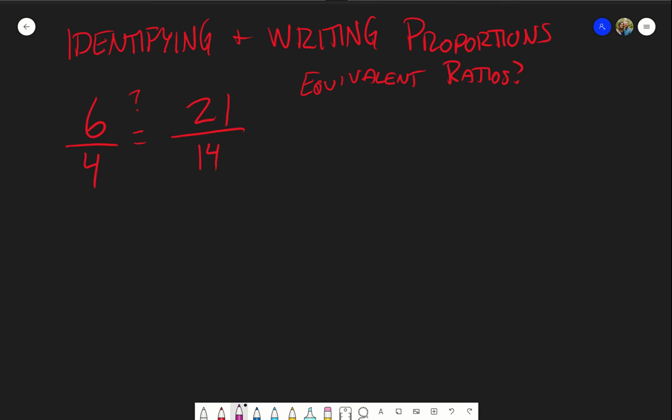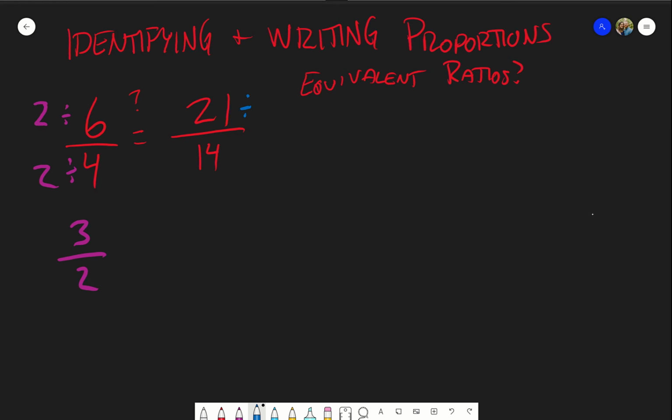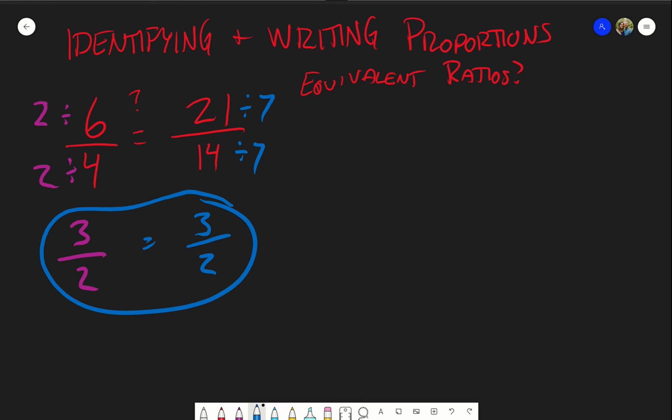And the way we know if these are equivalent ratios, we want to simplify these all the way down. 6 and 4 can both be divided by 2 to give me 3 and 2. And then 21 and 14 can both be divided by 7 to give me 3 and 2. And since these are the same ratio, these are equal. These are equivalent ratios. So equivalent ratios means we simplify them down.